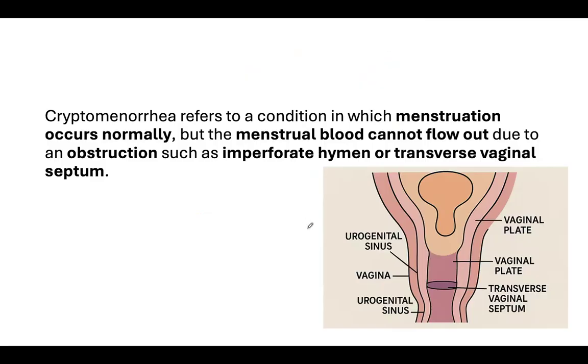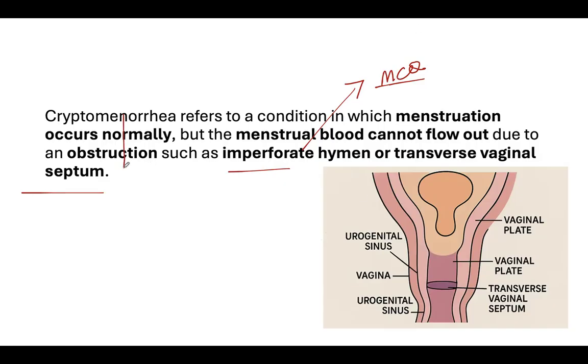The menstruation occurred normally, but the menstrual blood does not come out due to some problem in the outflow tract, and one of the most common reasons is imperforate hymen or the transverse vaginal septum. This is a very important MCQ for your NEET-PG or AIAPGT. So what is the most common cause for cryptomenorrhoea? That will be the imperforate hymen or the transverse vaginal septum.